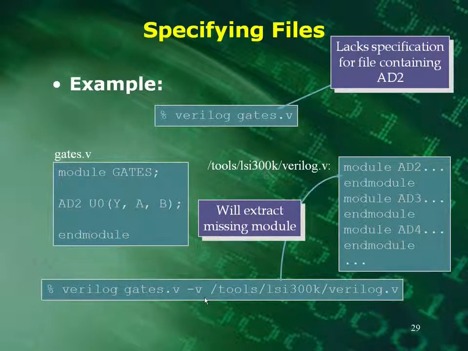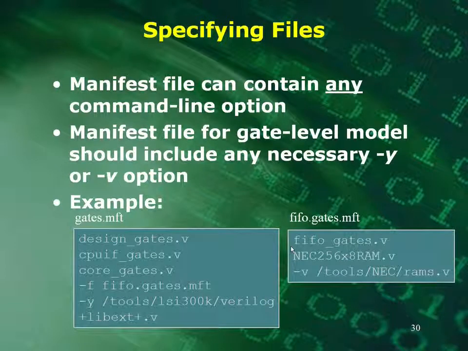We've told it this particular file. Maybe I shouldn't have said Verilog here. Maybe I should have said all my modules.v. This is the actual file that I'm talking about right here. This Verilog.v is this one, and it contains all of the modules in it.